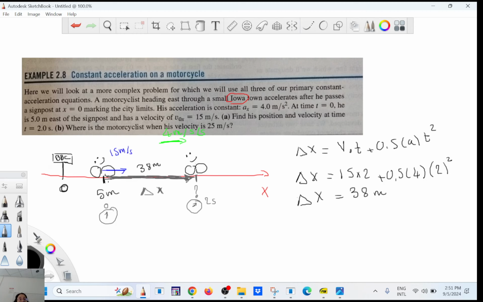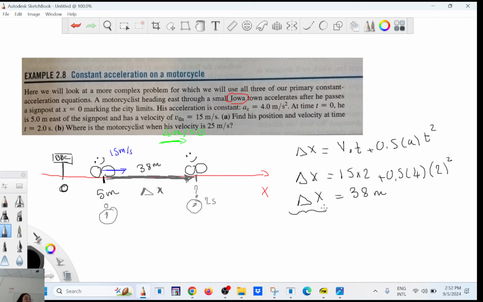So you went from here to there. But for strange reason, you decided that your initial position, the origin is here. So where are you on the number line? 43. Do you agree? Okay, if it's confusing, you go back to the definition.